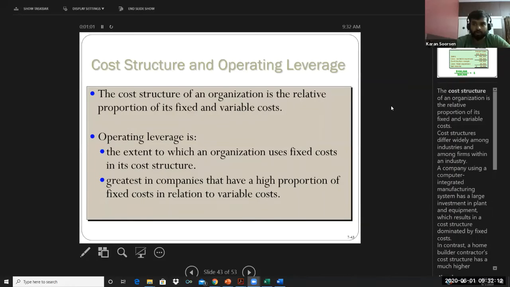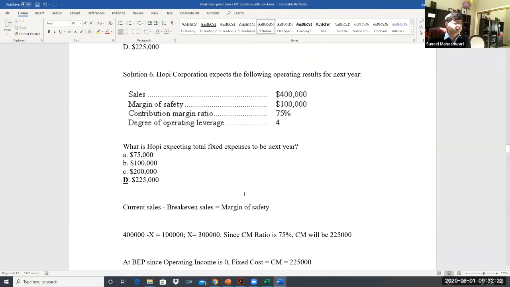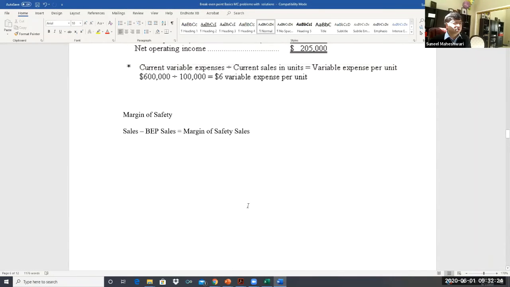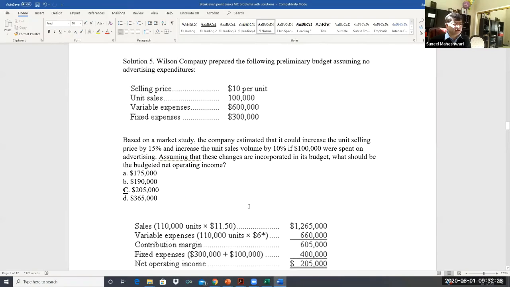Question number 4, sir. Okay, let me go back then. I'll go to number 5 again and I'll explain it. And then I'll explain the operating leverage, and no one is in the breakout room anymore.